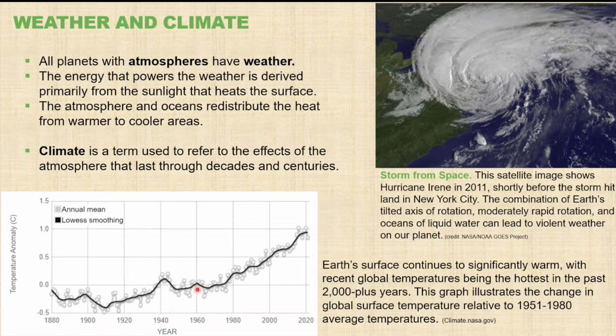However, after 1960, that temperature change every year is constantly rising. So the average temperature of the Earth has been on the rise since 1960. What happened in 1960?